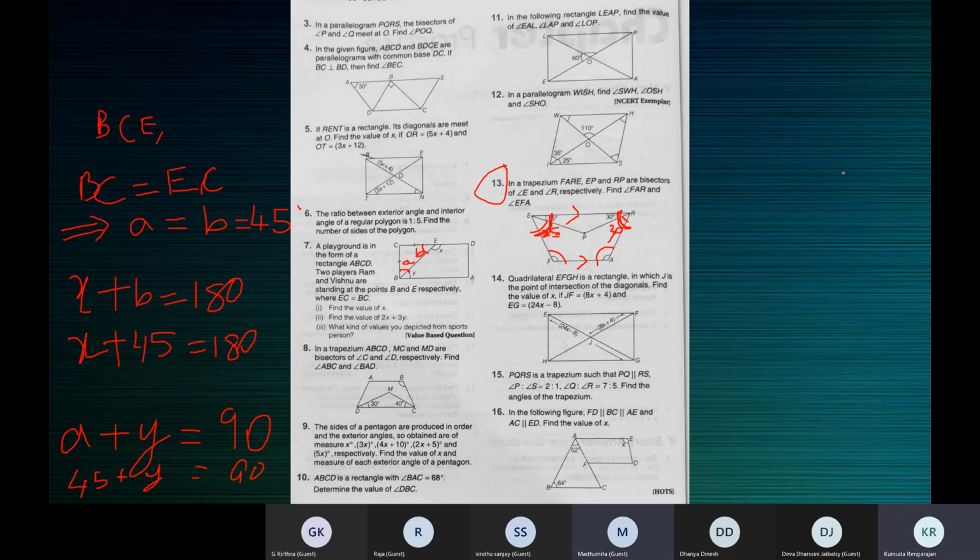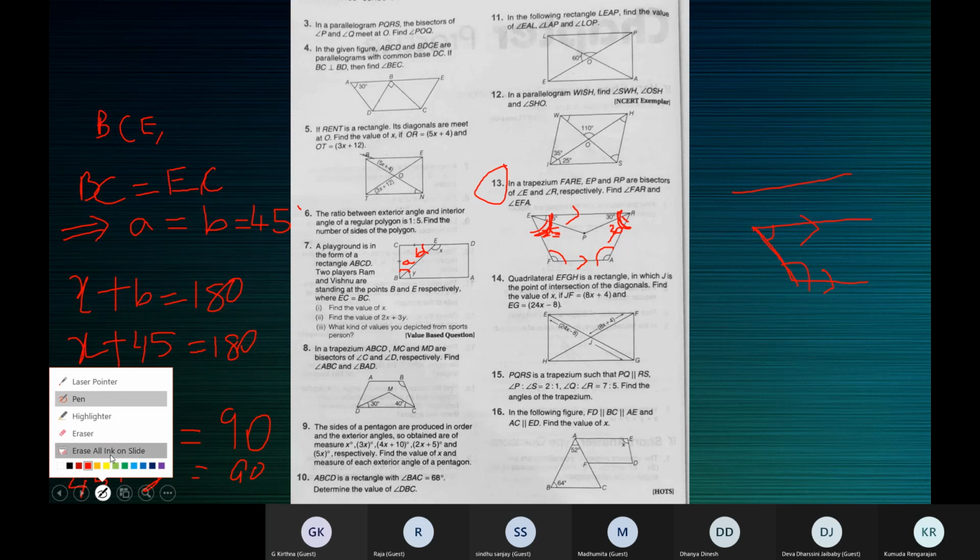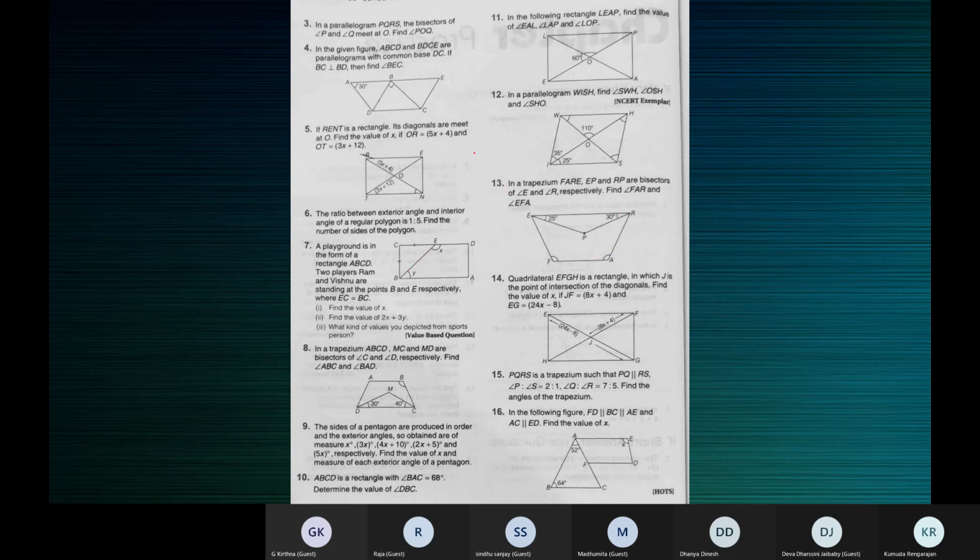Ma'am, the non-parallel sides are adjacent. No. Co-interior angles are supplementary, children. Parallel lines, transversal. These are co-interior angles, so they are supplementary. Yes or no?